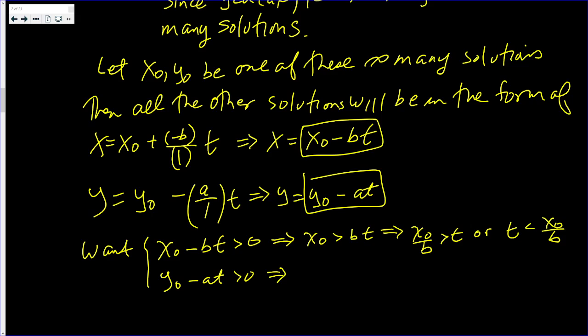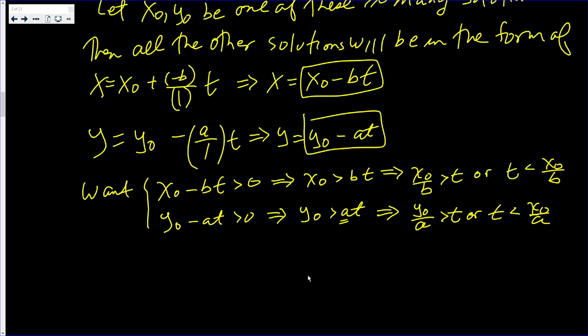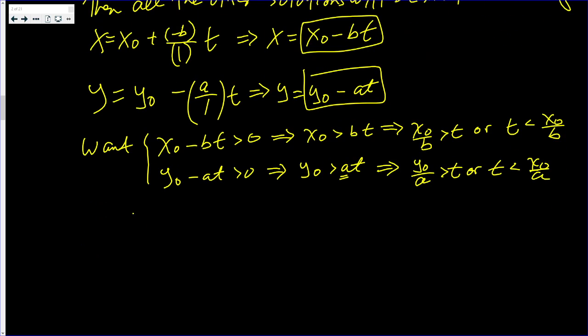This implies that y0 must be bigger than at. Since a is positive, y0 over a has to be bigger than t, or t is less than y0 over a. So we need t less than x0 over b, and t less than y0 over a.